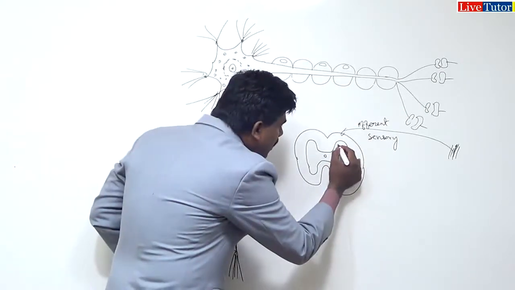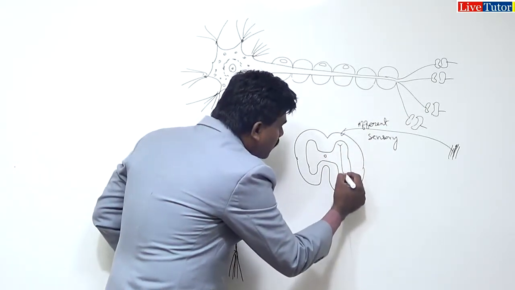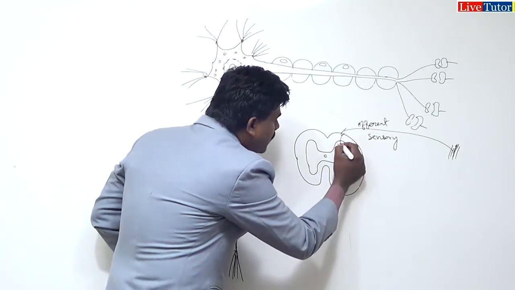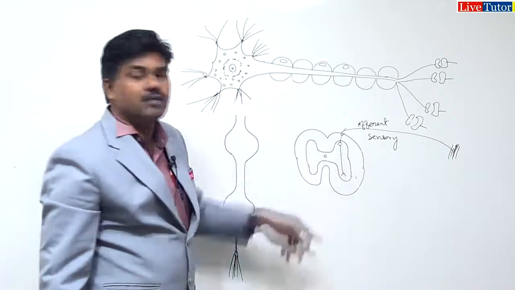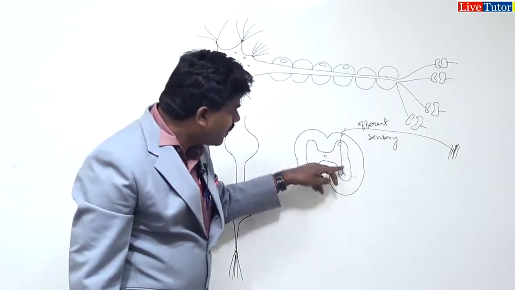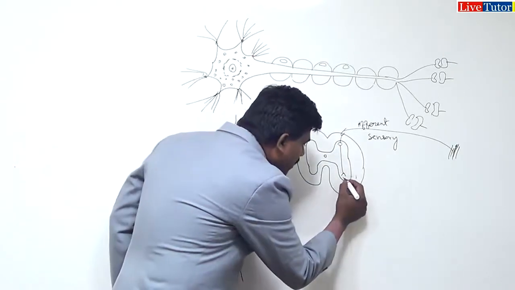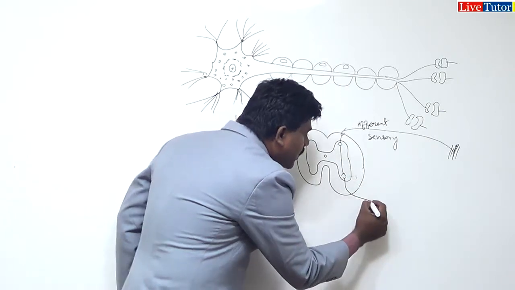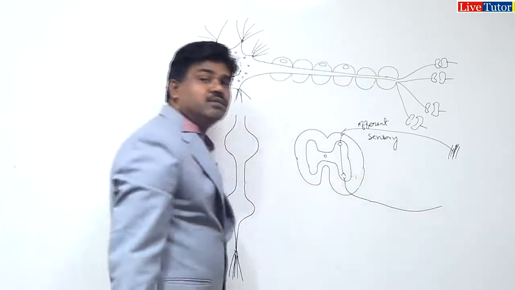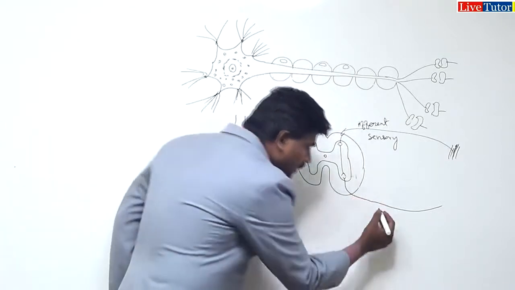Here there is a neuron called a relay neuron. So now it passes to the spinal cord. In the spinal cord there is an intermediate neuron, or relay neuron. From the relay neuron, it now becomes messages, orders.